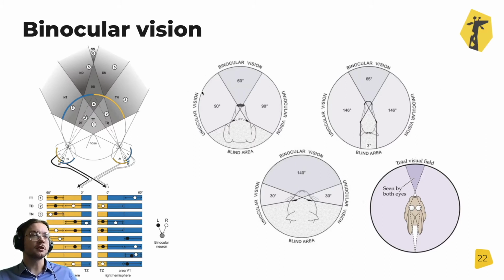And on the right you can see angles for different animals. The fact is that binocular vision is very useful for predators. They usually use binocular vision for hunting, because they have to go to their victim.